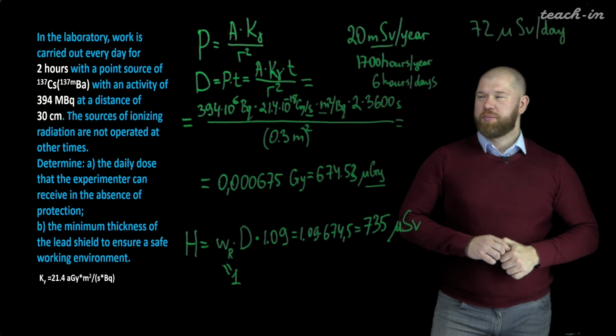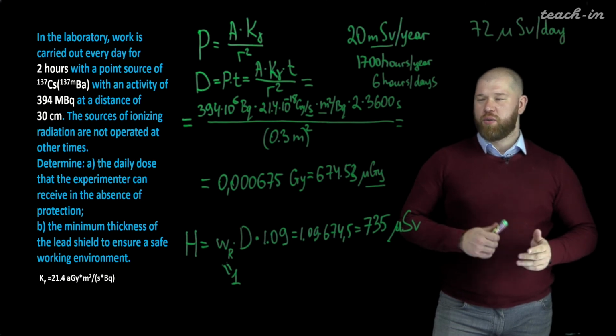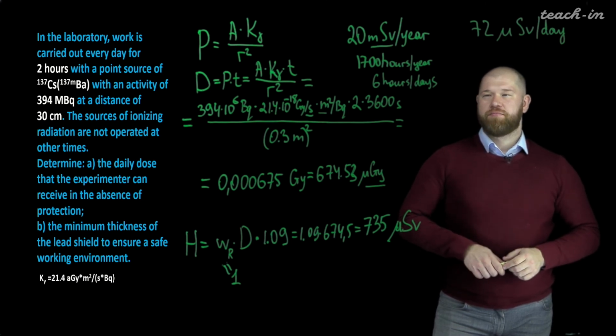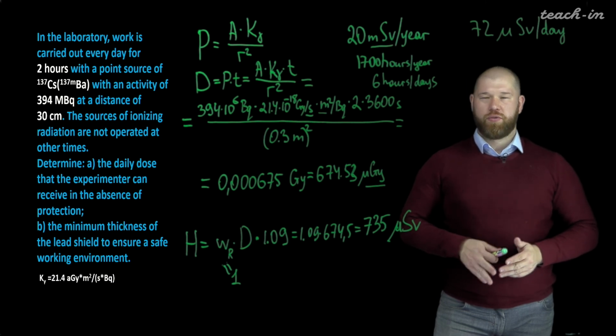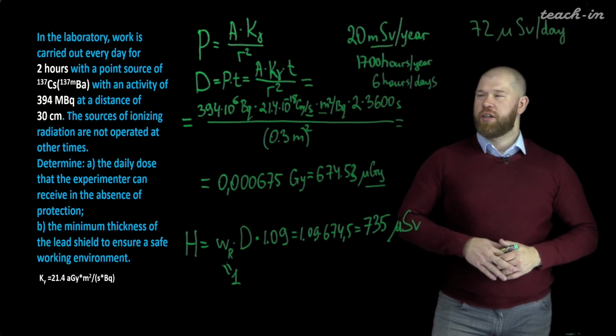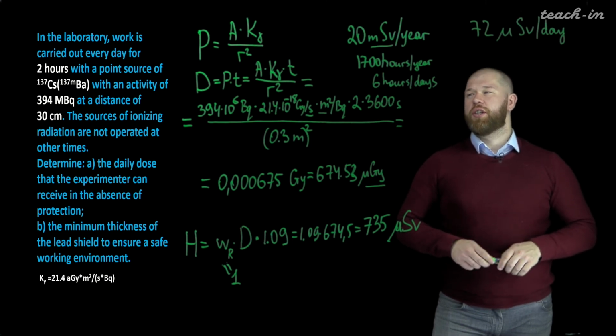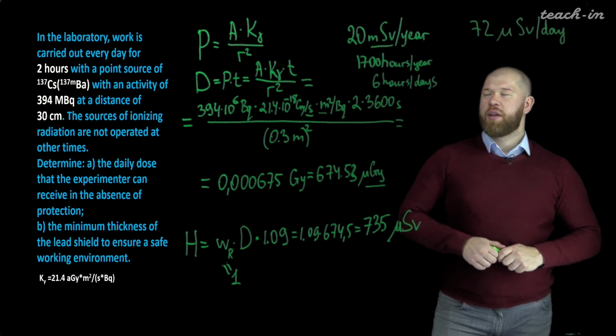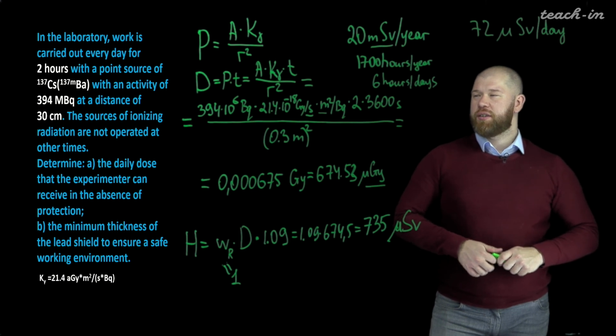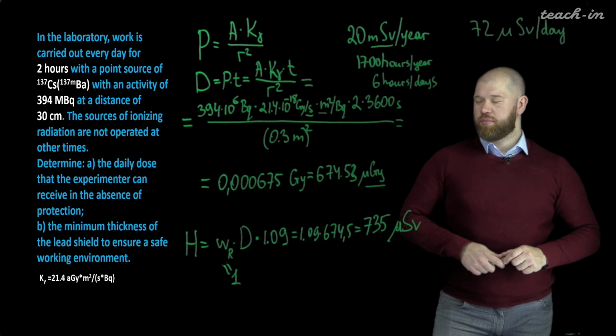In principle, if we have a very complex source of ionizing radiation, then we have to perform quite complex calculations, and we will do it next time. And in this task, we will see how simple it is.